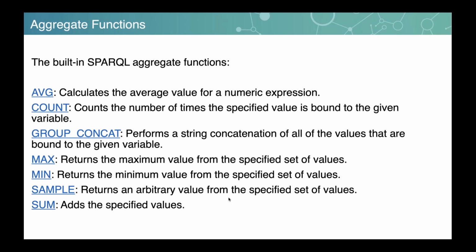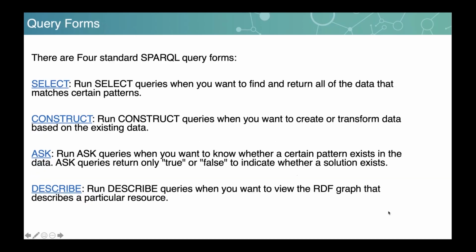And as I mentioned, it's possible to write your own aggregate functions as well using our user-defined extensions interface. So if there's something that you wanted to do that it does not do currently, it's easy to extend the database to do that. Now, these are the different types of query forms that we support.